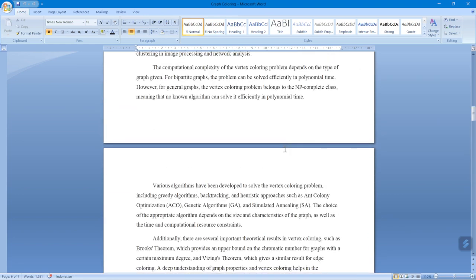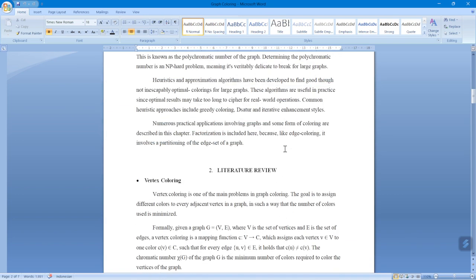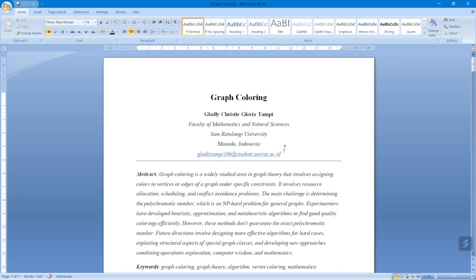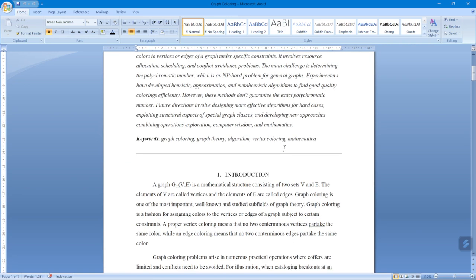Graph theory is a branch of mathematics that studies the structure and properties of graphs. Graph coloring is an important tool in graph theory that involves assigning colors to the vertices or edges of a graph with certain constraints.